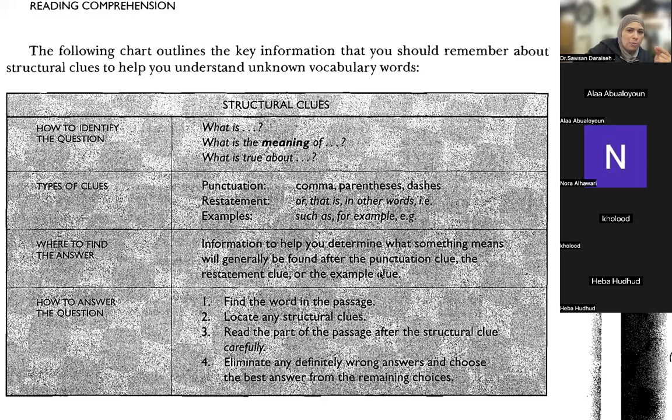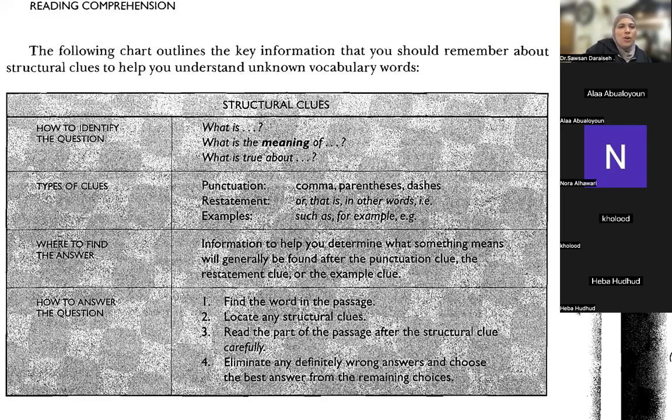Or the example clue. So if you want to find the meaning, pay attention to these kinds of words or examples, such as. So this is really a kind of restatement. Where to find the answer is a restatement of the types of clues, if you really think about it, if you take a deeper look at it.